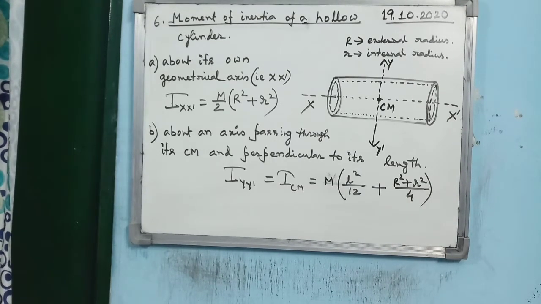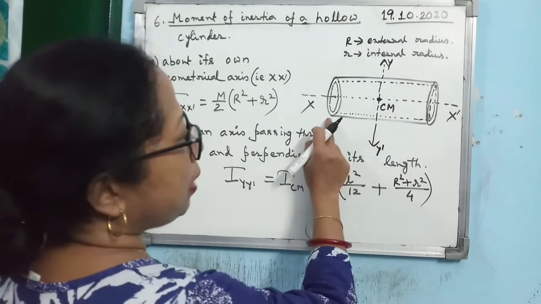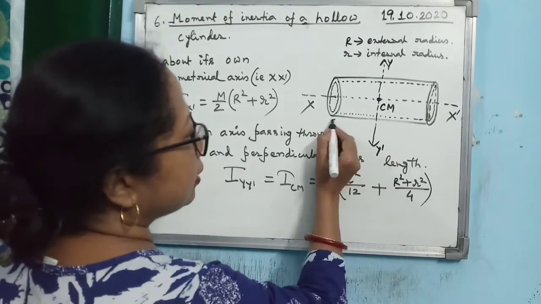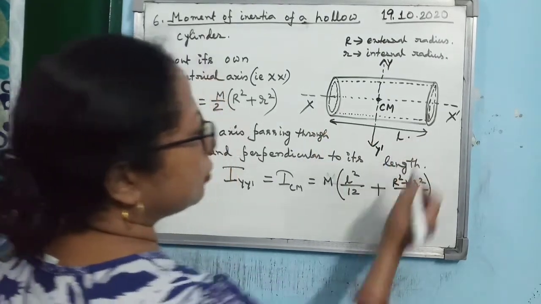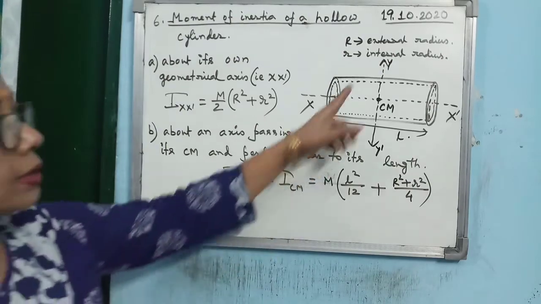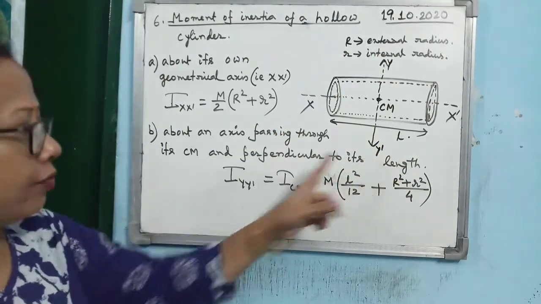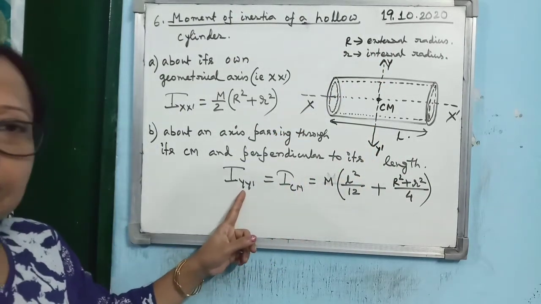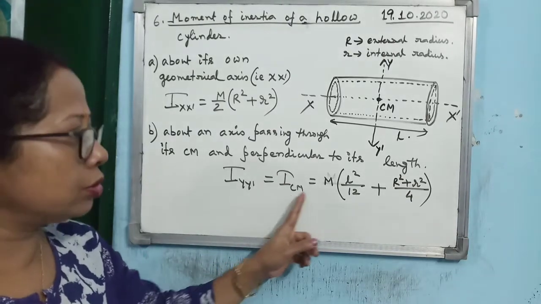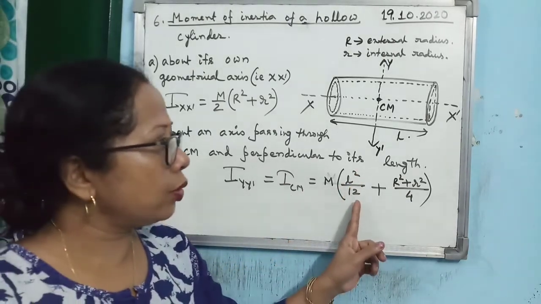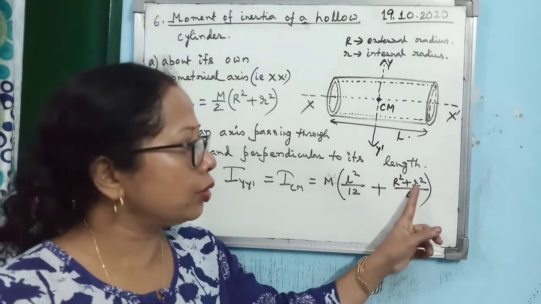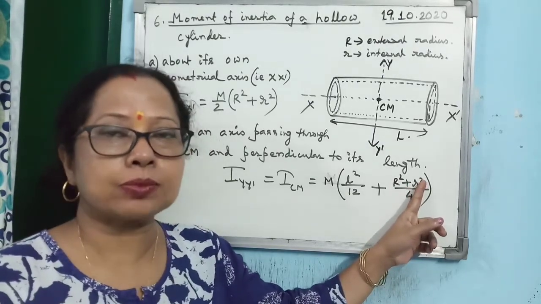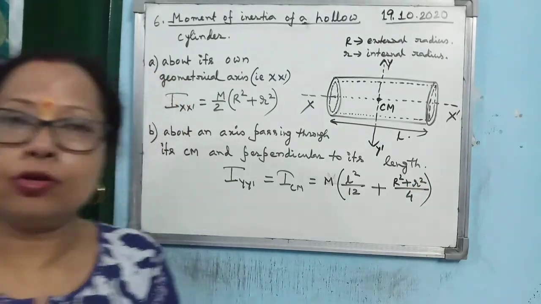Now consider the moment of inertia of a hollow cylinder about an axis passing through the center of mass and perpendicular to its length. This is the length of the cylinder. It is given by, this is the axis y dash I have denoted, so you can write I y dash, or you can write ICM also. It is m into L square by 12 plus big R square plus small r square divided by 4.